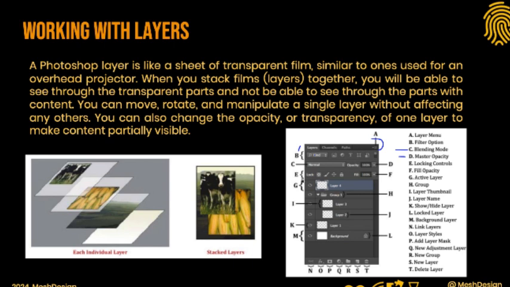And then E is the lock control. Sometimes you're working with a particular layer, let's say the background layer, because the background layer is locked. The layer is locked because they don't want you to disturb the background, or probably you delete it, or maybe you do a different thing with it.